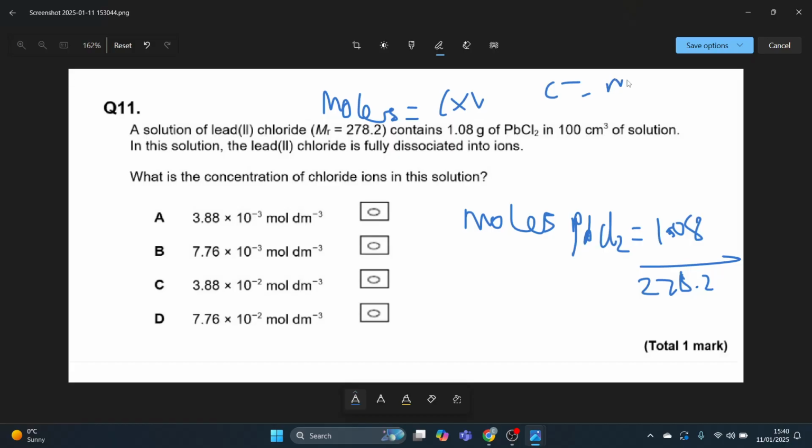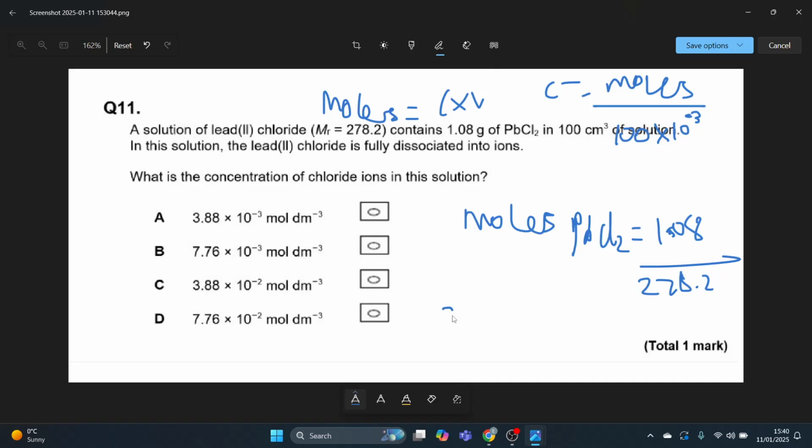Concentration equals the moles divided by the volume. I also want it in moles per dm cubed, so I want the volume divided by 1000, so times by 10 to the power minus 3. So 1.08 divided by 278.2 divided by 100 times by 10 to the power minus 3. That will give me the concentration of chloride ions.